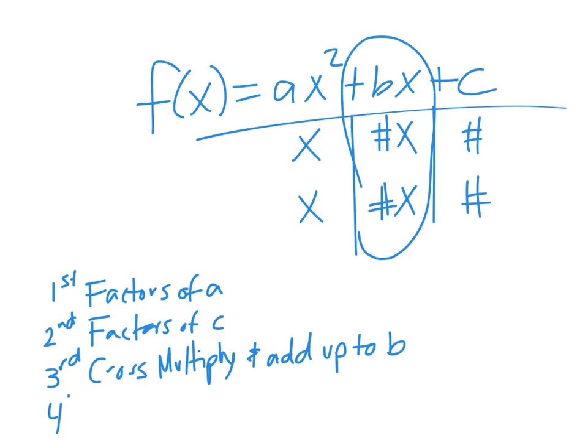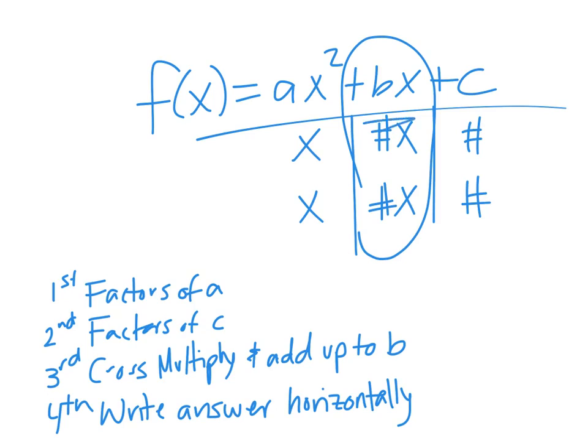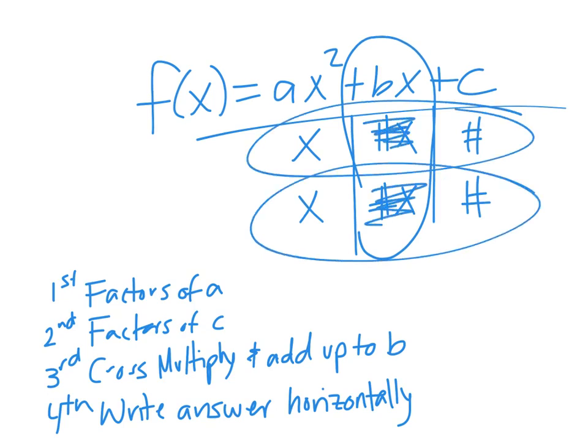And then fourth, your answer will always be horizontally. So we ignore the middle column and we write x and x. If it's positive, we do x plus the number. If it's negative, we put the minus the number, and that goes for both routes.